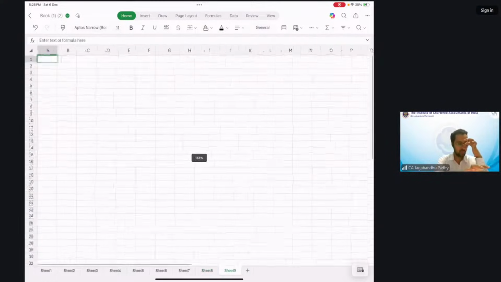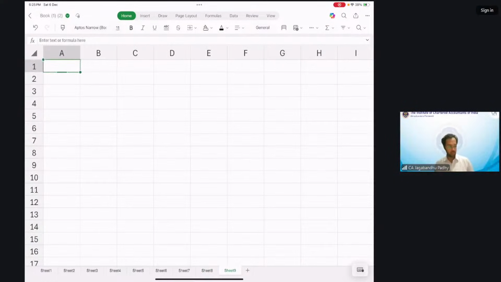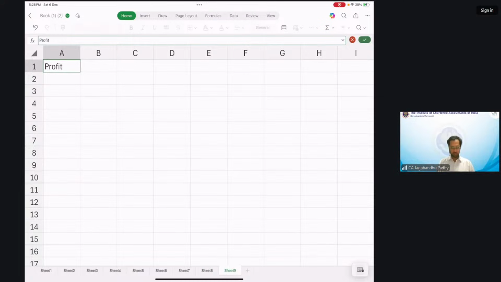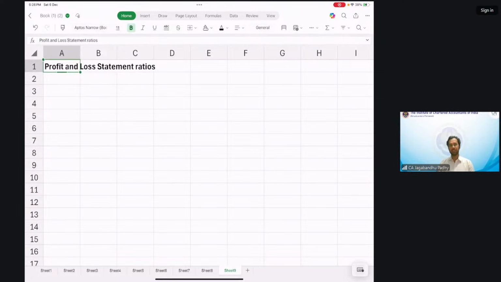Now we will look at profit and loss account or P&L statement ratios, which are very simple.